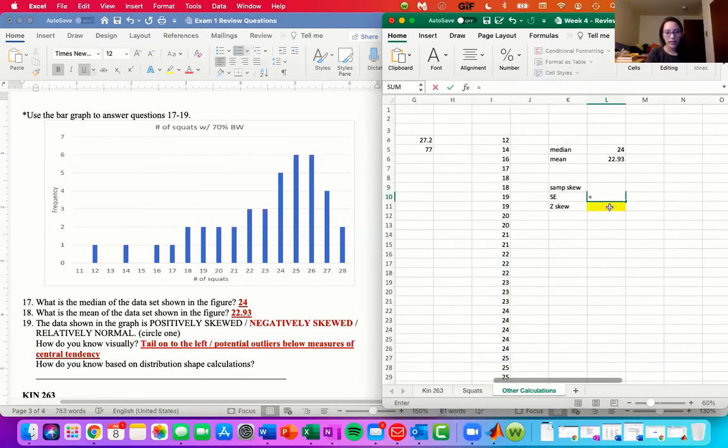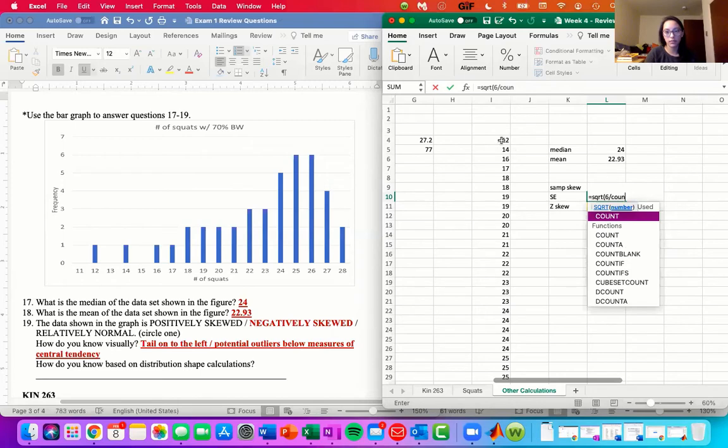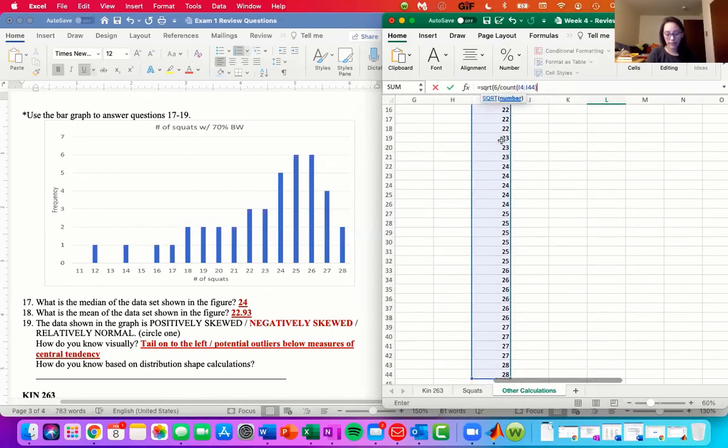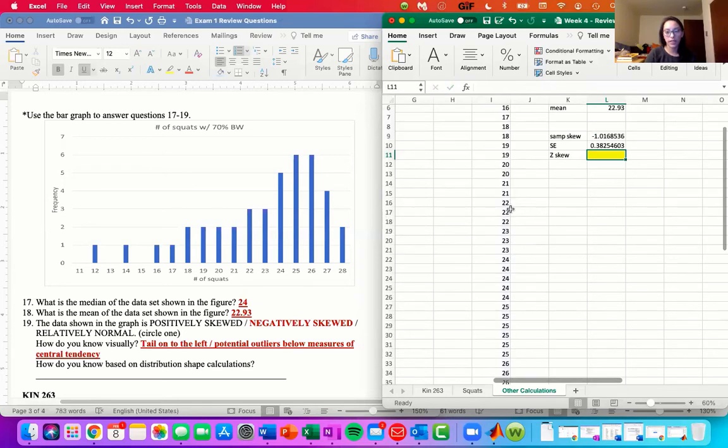My standard error, does anyone know how to calculate this one? Isn't that just the square root of 6 over n? Yep. So square root of 6 divided by n. If you know n, you could stick it in. If not, we can use a count function and count all of the cells that have a value in them in a given range of data.